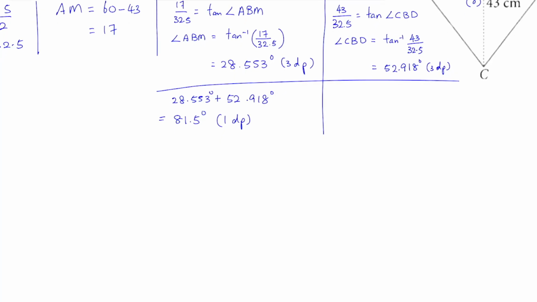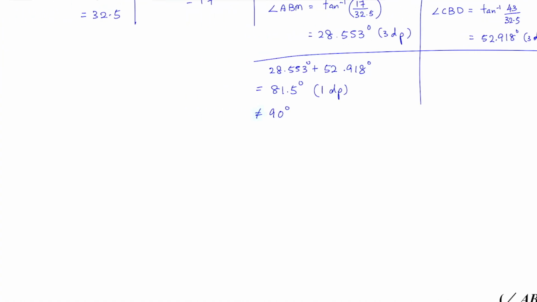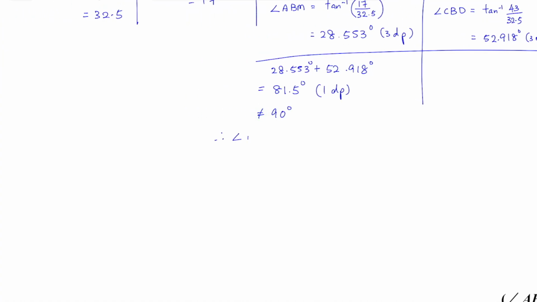Okay, this is so far off from 90 and therefore is not equal to 90 degrees. So my answer, therefore, angle ABC is not a right angle.